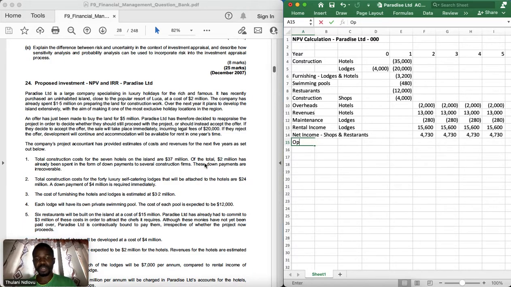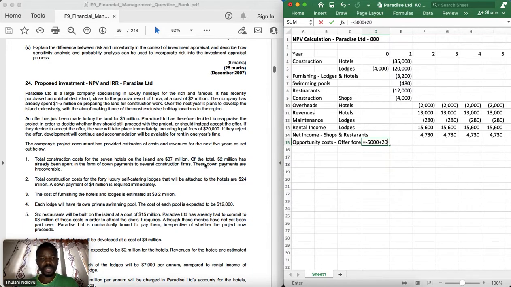So we say opportunity cost, that is offer foregone. So the offer foregone will be now, that is year 0. So forego the 5,000, the million in thousands, less 20, which is 20,000. We'll forego 4,980.